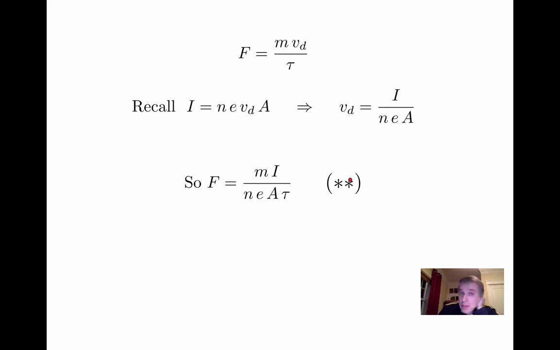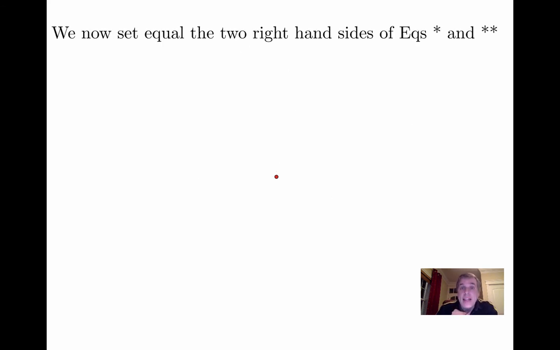So now what do we have? Remember, our equation star was an equation for the force that contained delta V. Here I have an equation for the force that contains the current. That's what I needed. Now I'm going to set equal the two right-hand sides of equations star and double star.